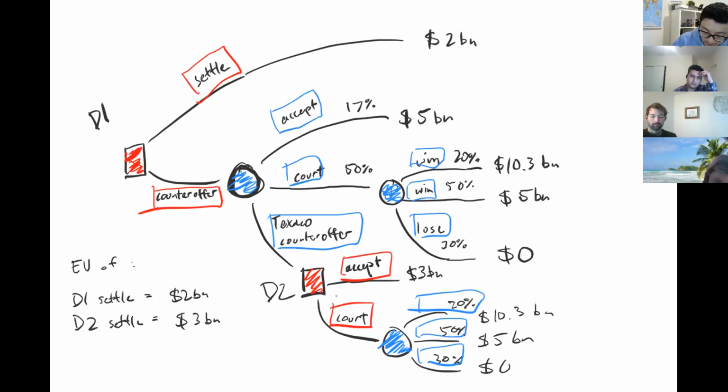So we'll start with the D2 court, and that's going to be equal to each of the outcomes multiplied by the probability of that outcome happening. So your expected value is equal to 0.2 times 10.3 plus 0.5 times 5. So this particular outcome is going to be equal to 4.56 billion.